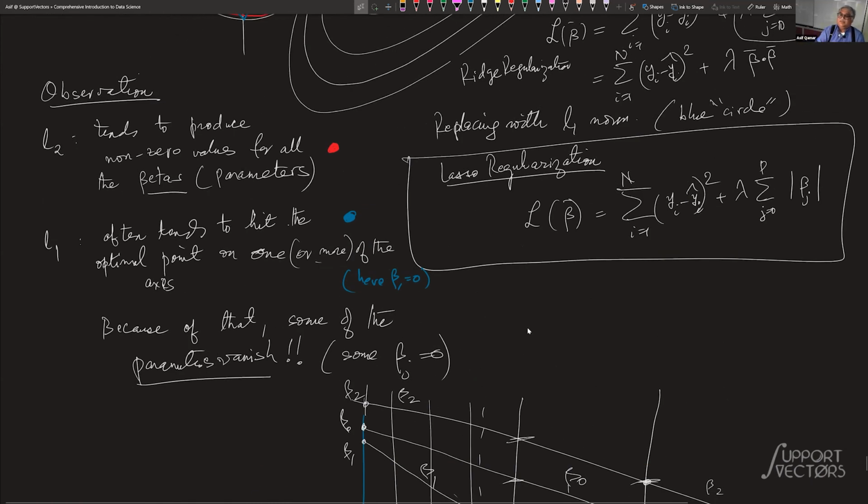Why do the betas decrease? Because if you increase lambda, beta in compensation has to decrease. Otherwise, the loss won't go down. So your best solution is very sensitive to lambda. If you take large lambdas, all your betas in the answer will turn out to be small. In other words, they'll be close to the origin. That is the main point.